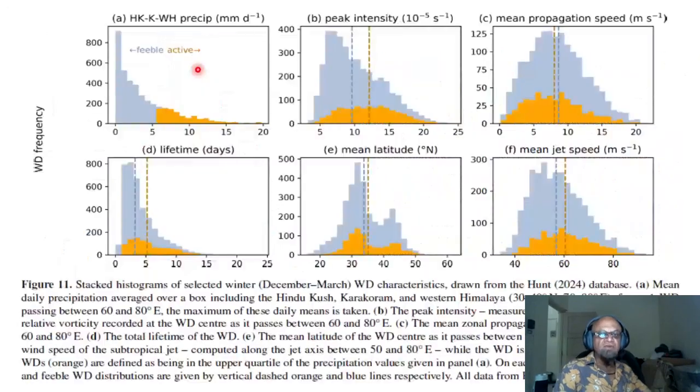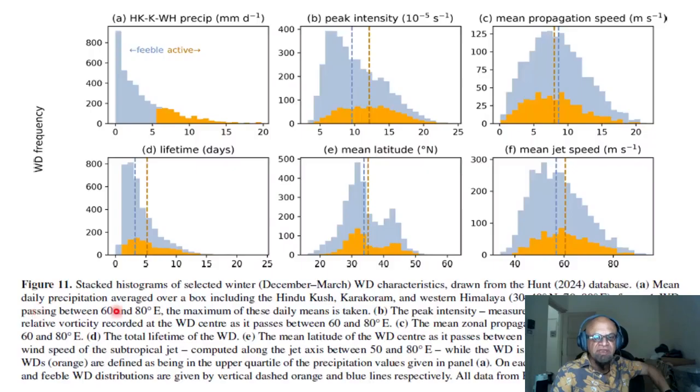Okay, so this is the Hindu Kush, Karakoram, Western Himalaya. So you look at the WD frequencies, and you can see precipitation in millimeters per day. Let's look at the label. Stacked histograms of selected winter WD characteristics drawn from the Hunt et al. database.